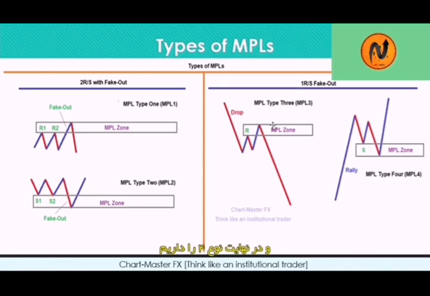Then lastly, we have the type 4, where the price is coming from a rally, then it creates a lower. So we have support there, then that support is broken, then the price creates a lower low. Once we see such conditions, then we can draw our MPL zone.